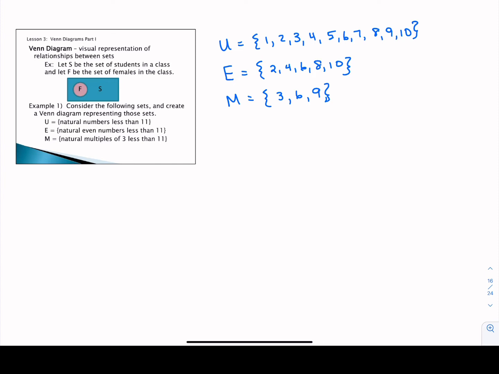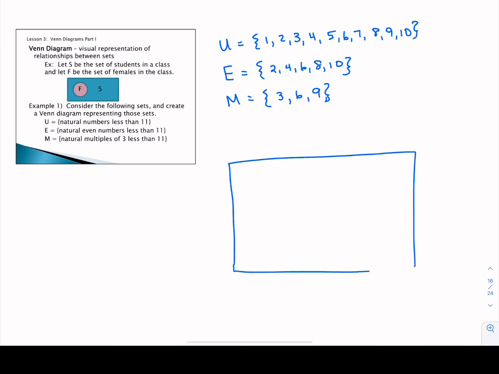If we want to draw a Venn diagram, we have to decide with a rectangle. So the rectangle is sort of the boundaries for our universal set. You can put a U on the outside because we know that marks our universal set. We have to put all the numbers 1 through 10 inside this universal set.